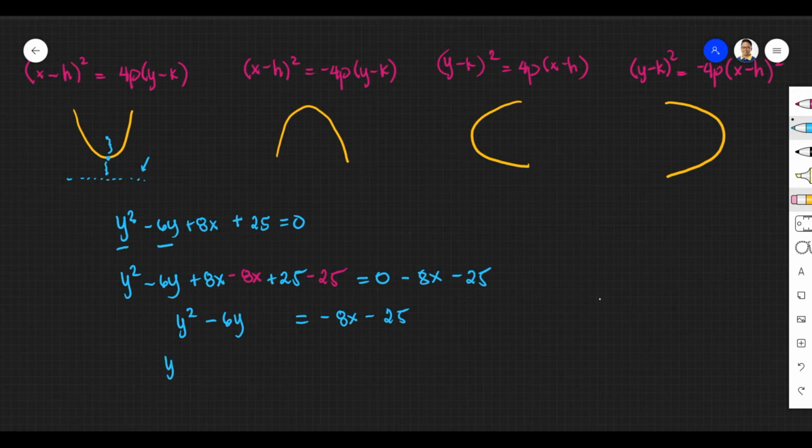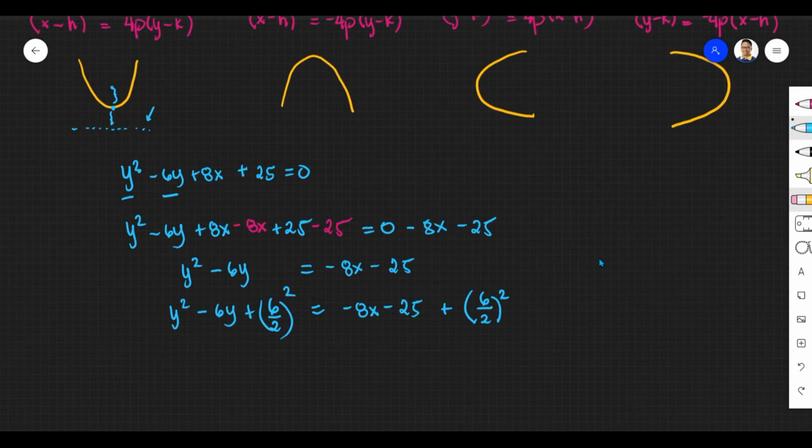We have y squared minus 6y plus (6 over 2) squared equals negative 8x minus 25 plus (6 over 2) squared. Let's simplify each side.